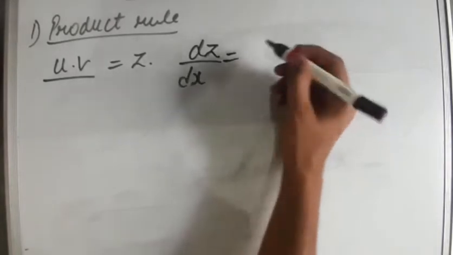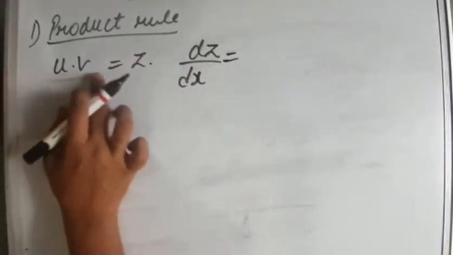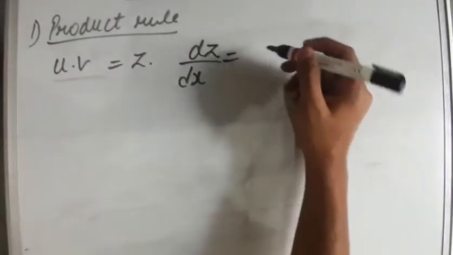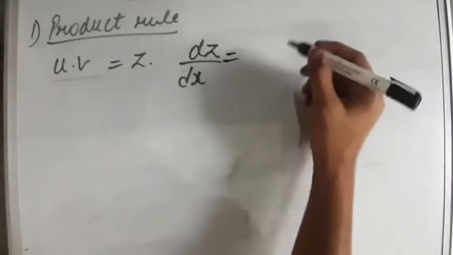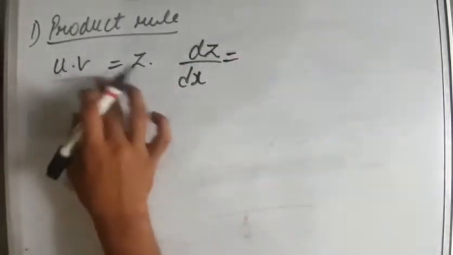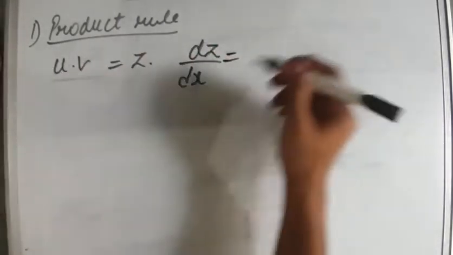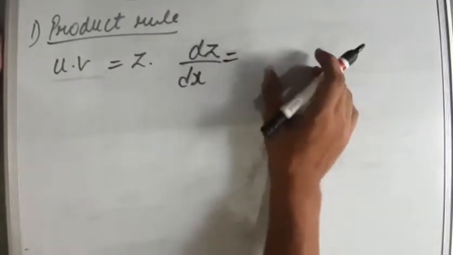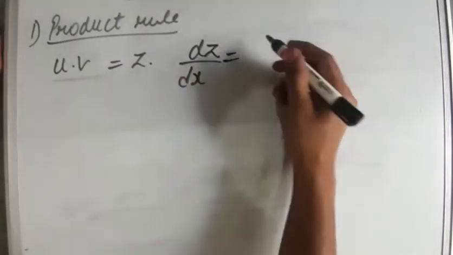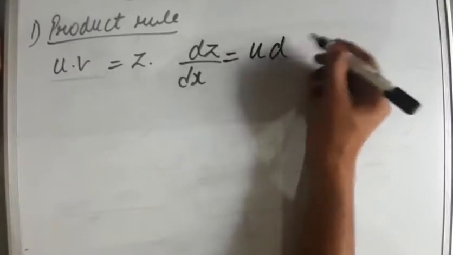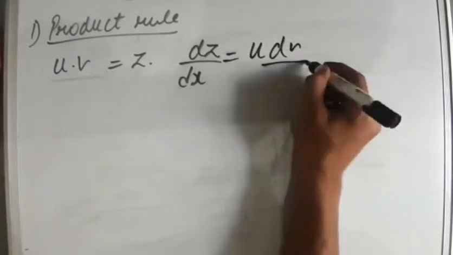First of all, you need to differentiate u and leave v as it is, or you can also go with v differentiation first, then proceed with u. So look here, we have u v differentiation, u as it is, and dv by dx.